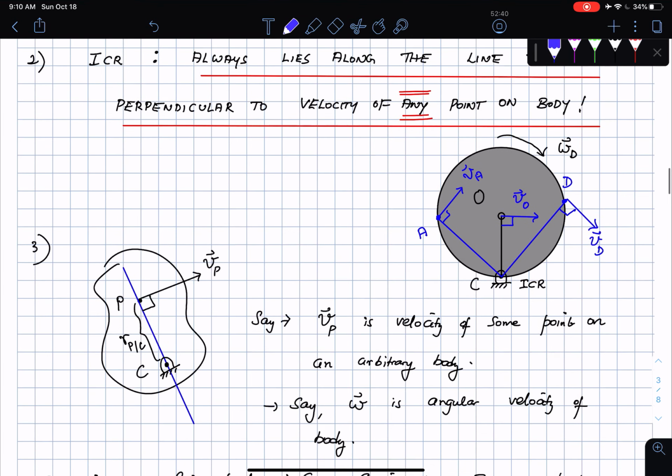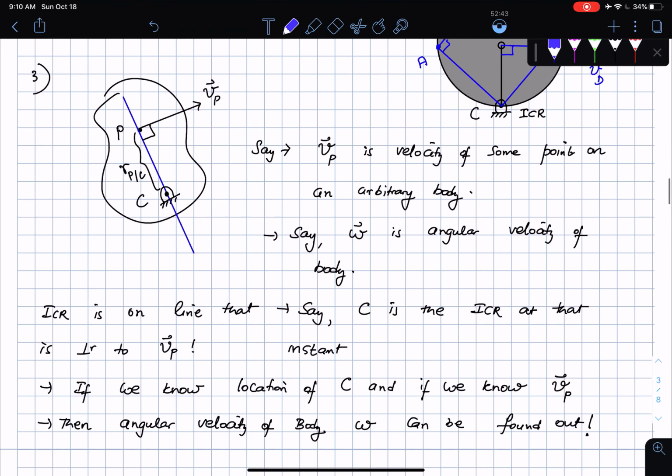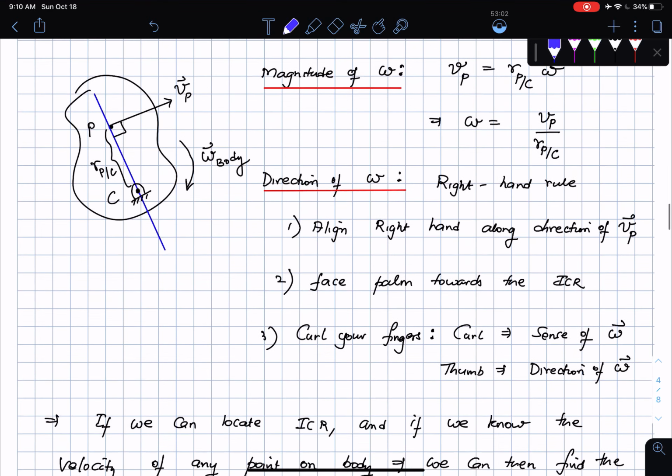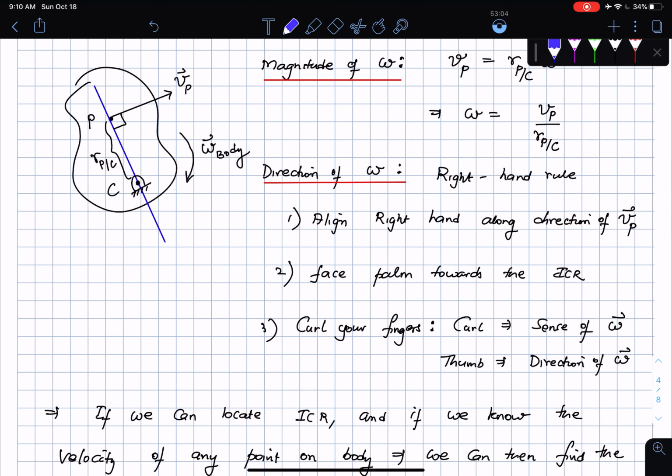And then the other thing is, if I know the velocity at a point and if I know the ICR location, then using the right hand rule, I can obtain the direction of the angular velocity, and I can obtain the magnitude of the angular velocity by saying that the velocity of the point is the distance times angular velocity. That's exactly what we have done here, magnitude and the direction. And for the direction, use the right hand rule. Align the fingers with the direction of the velocity.